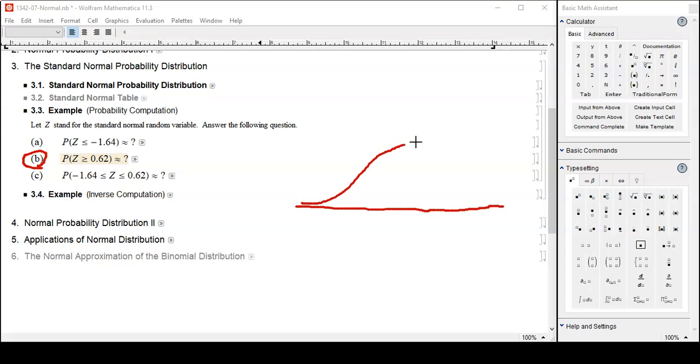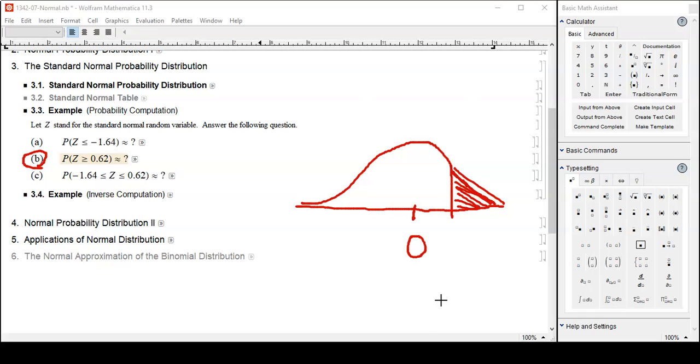Here's the outline, and then centered at 0 because this is standard normal. And then 0.62 is positive, so it should be on the right-hand side. Now, shading is for greater than 0.62, so it should be shading to the right, not to the left. Make sense?